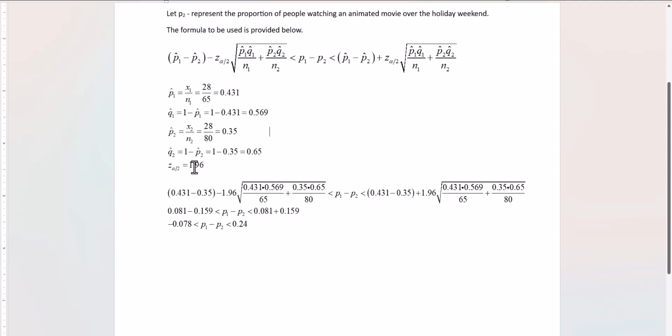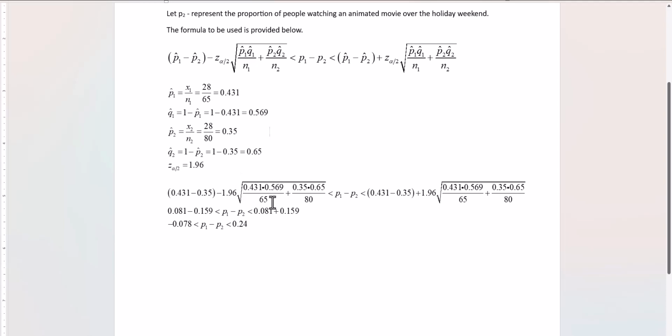All right, so now we want to calculate the confidence interval. So we have to insert all of these values into the formula. In the beginning, we subtract the two sample proportions, 0.431 minus 0.35. Minus the z-value 1.96 times the square root.